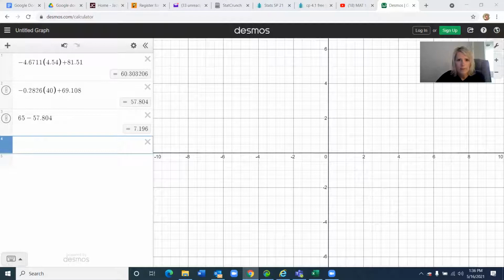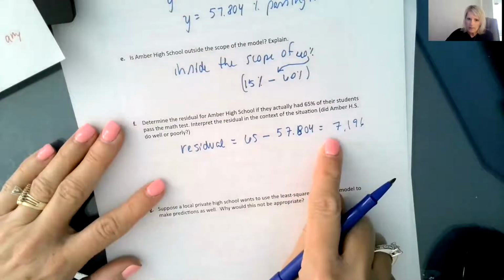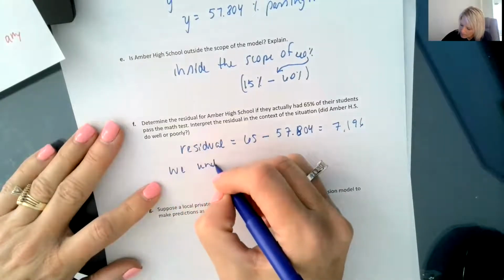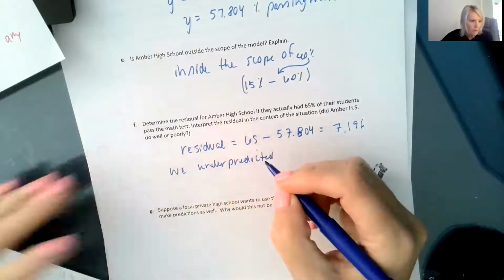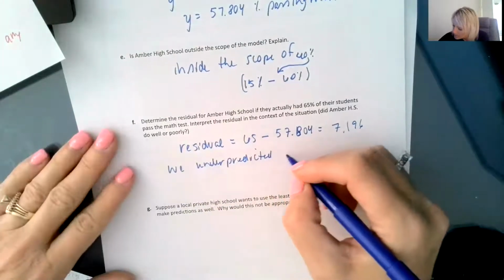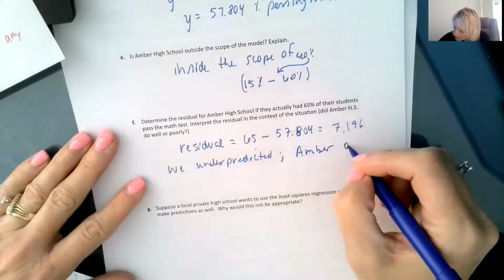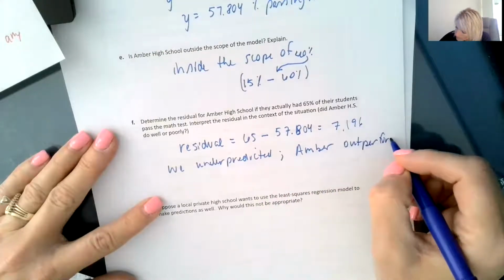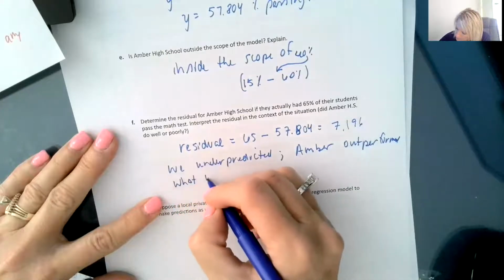And so let's interpret what that means. The residual is positive, so we underpredicted, which means that Amber High School outperformed what we predicted.